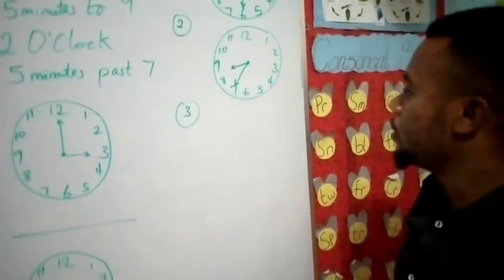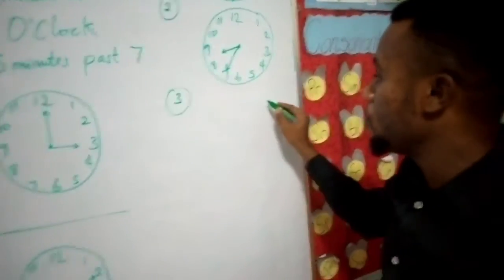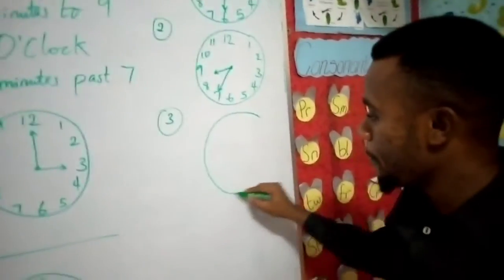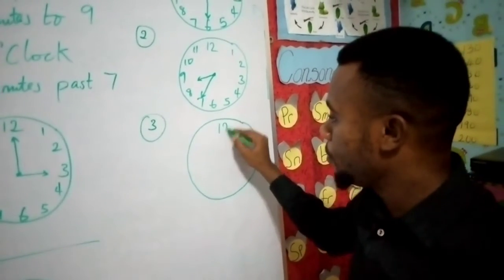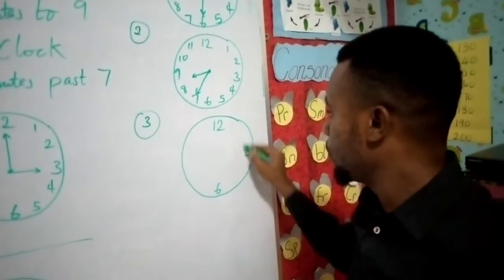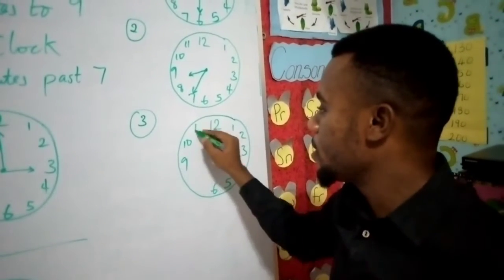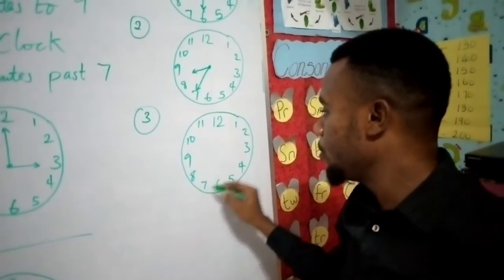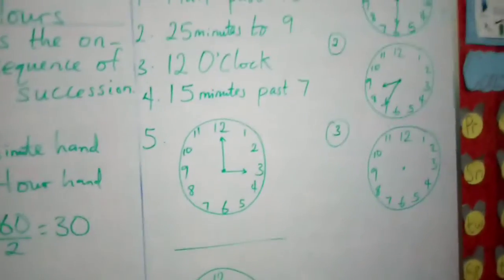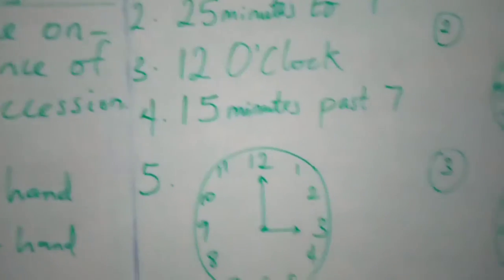12 o'clock. Remember what you do first. You draw your clock. It's faster this way, but you can start with any number. You must not do it this way. Now, 12 o'clock, what I said first, you should take note of, you should start with your minute hand.